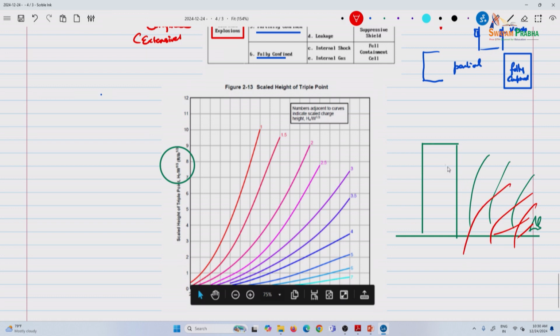And if you connect all of these, these are all the triple points. So, this is the scaled height HT, and here this is presented in terms of HT divided by W to the one third, the charge weight.